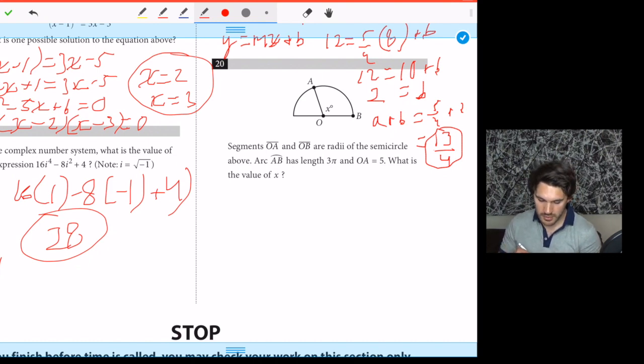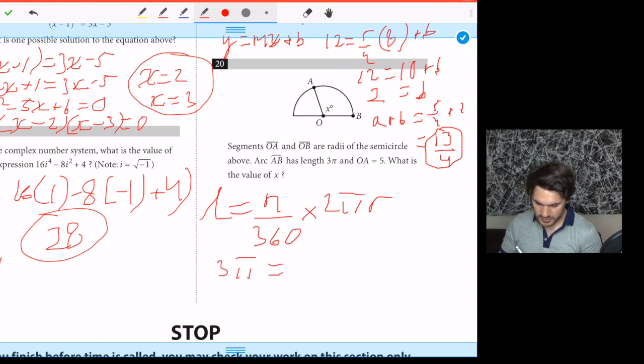And the formula for arc length is: arc length equals n over 360 times 2 pi r. So it's a length of 3 pi. So 3 pi equals n over 360 times, and we know that OA, which is the radius, is 5.